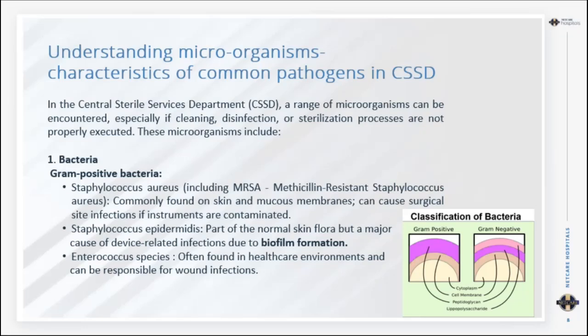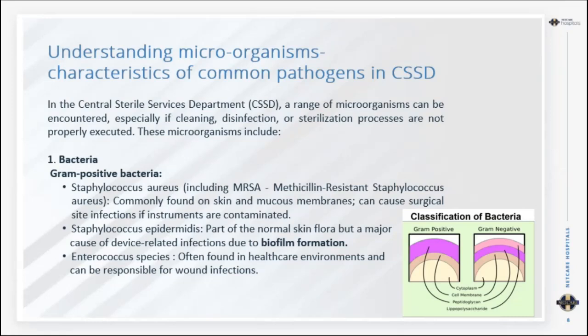So some of the gram-positive bacteria that we look at is your Staphylococcus aureus. I think we're all very familiar with that organism, and it includes our methicillin-resistant Staphylococcus aureus. This is commonly found on our skin and mucous membranes, but it can cause surgical site infections if instruments are contaminated.